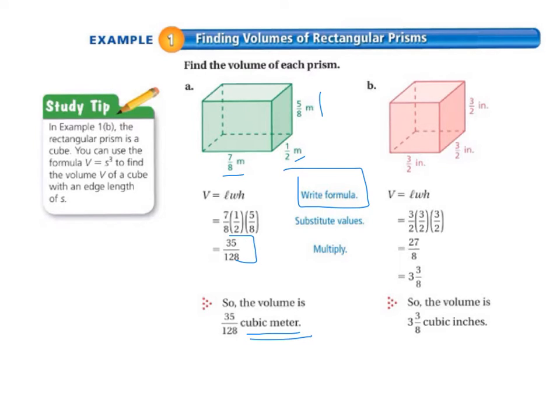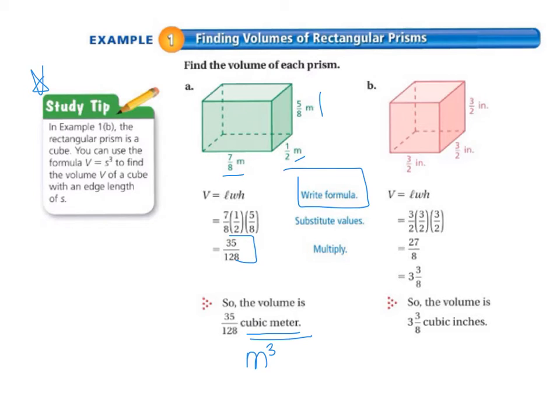So remember, when we are doing volume, you need to write your units as cubic units. So another way to write that is an m with a 3 raised. The study tip to the left says in example 1b, the rectangular prism is a cube.